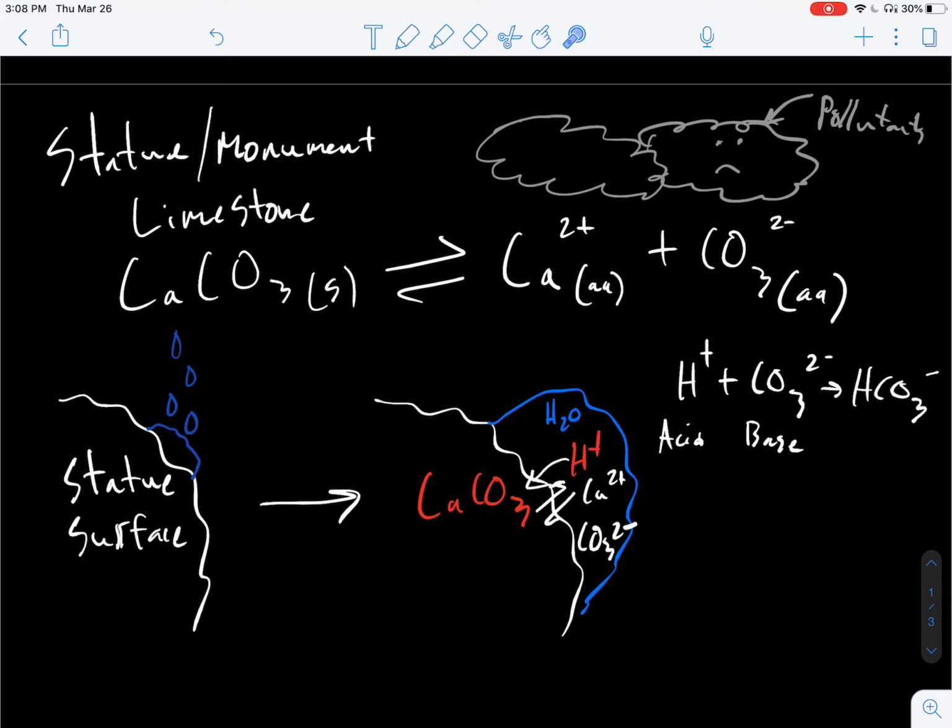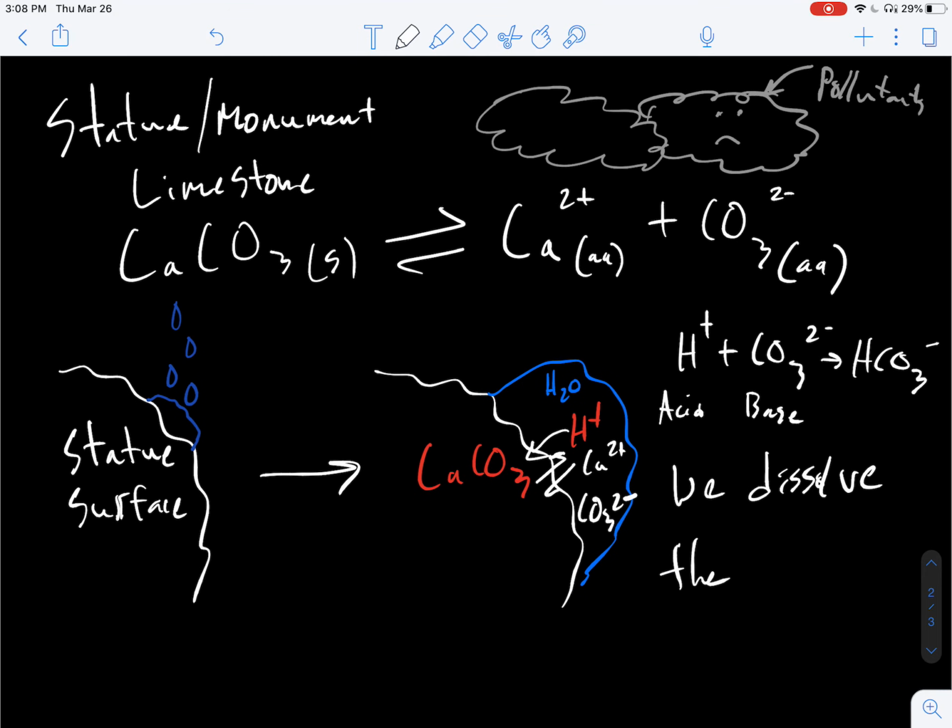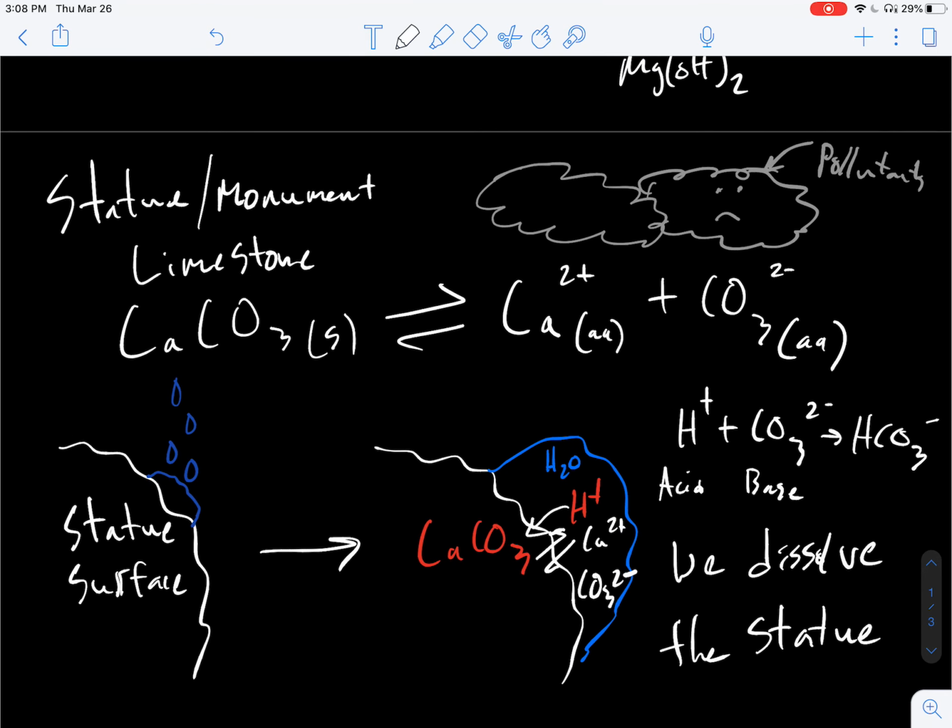And by Le Chatelier's principle, that means we're removing carbonate from the equilibrium, and we're drawing this to the right. So little by little, we dissolve the statue. So that's why we want to be careful with acidic, bad pollutants in our rain on things like statues and monuments, because of this common ion effect.